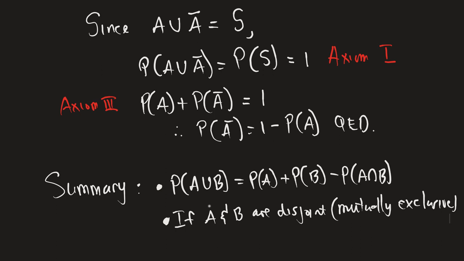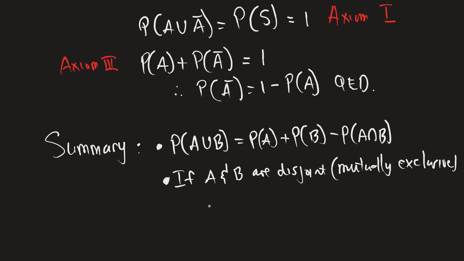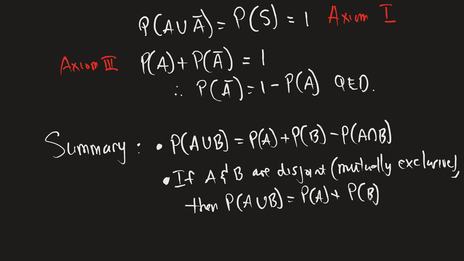So we end up with what the axiom states. If we know that they're disjoint, this formula simplifies even more. So then the probability of A union B is equal to the probability of A plus the probability of B, right? But again, this is just a special case.